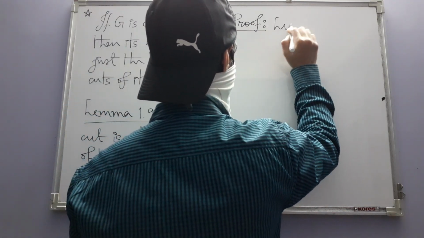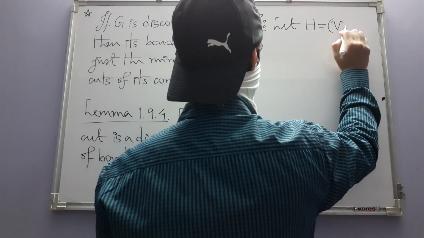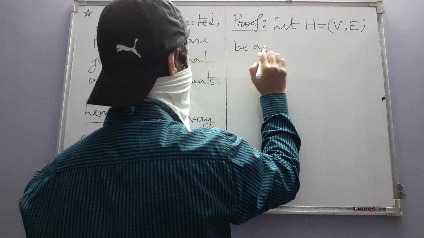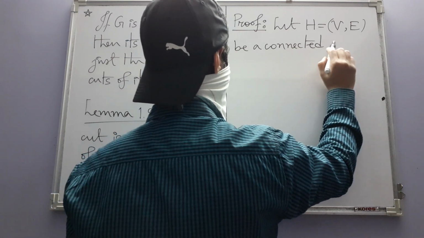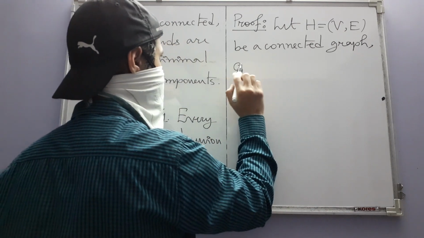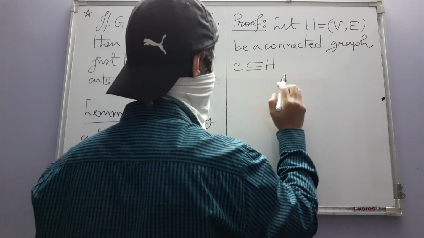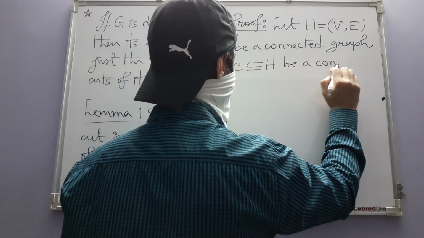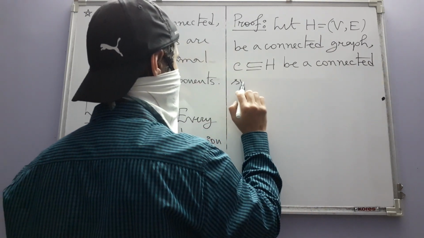Let H = (V, E) be a connected graph, and let C, which is a subgraph of H, be a connected subgraph.